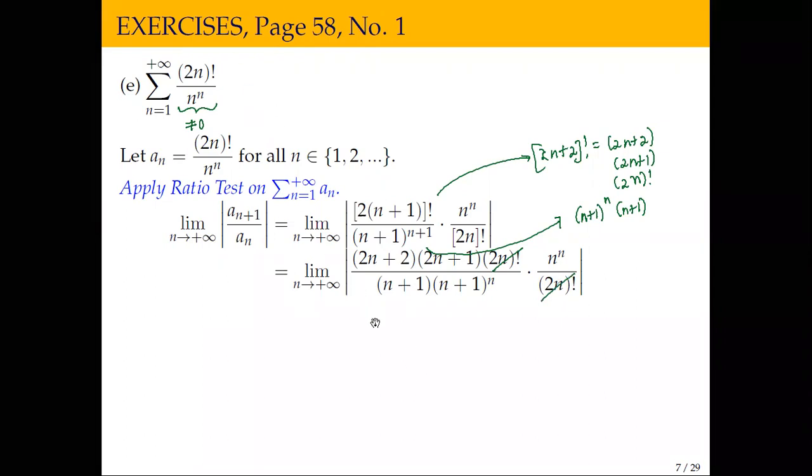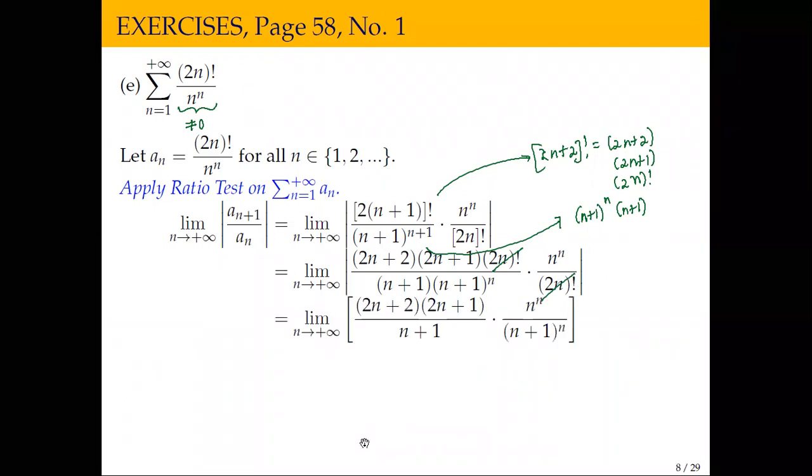Thus, you are left with the following. The absolute value of the one inside is itself since n ranges from 1 to positive infinity. The limit of 2n plus 2 times 2n plus 1 over n plus 1 is just positive infinity.